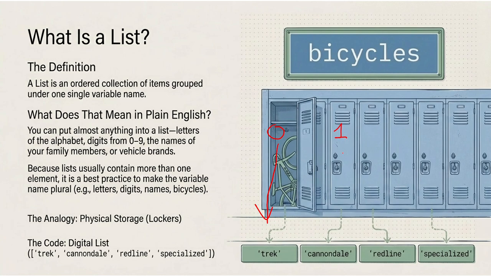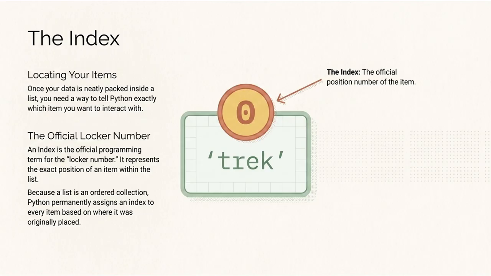This will be your first position, which will point to Cannondale. And this will be your second position, which will point to Redline. So this second position is actually the index to find the Redline bicycle within the bicycles list. Now let's go to that slide.